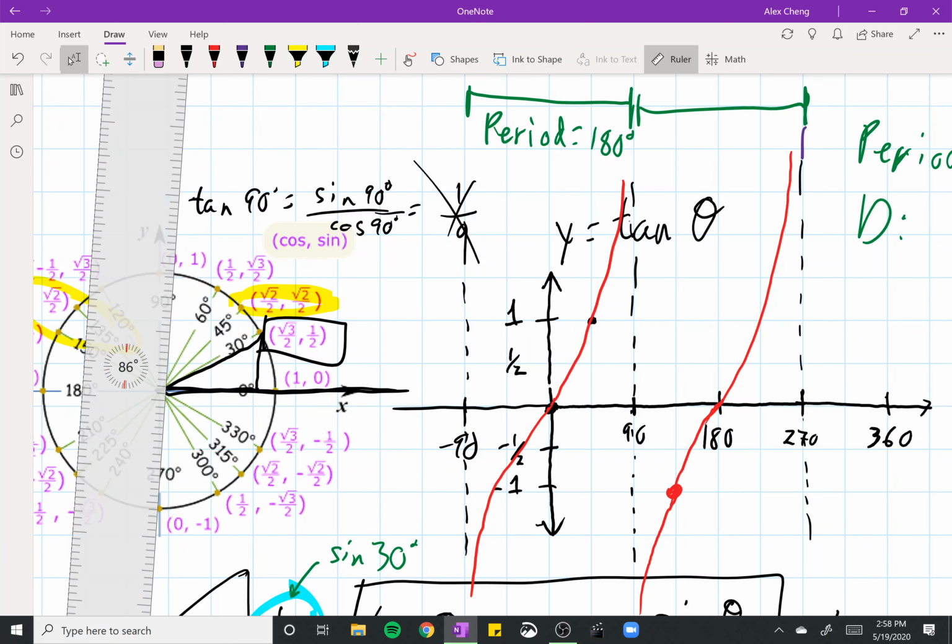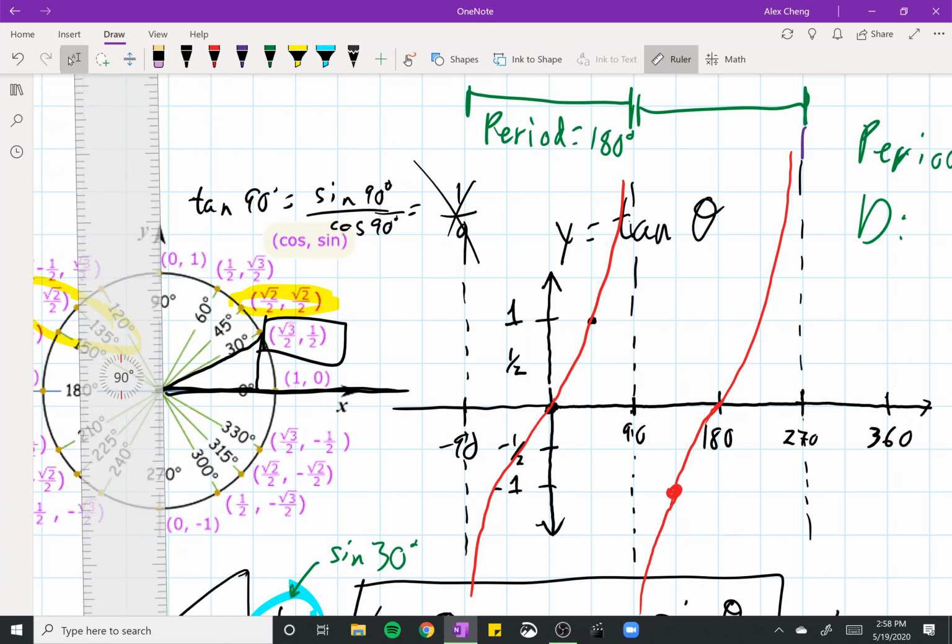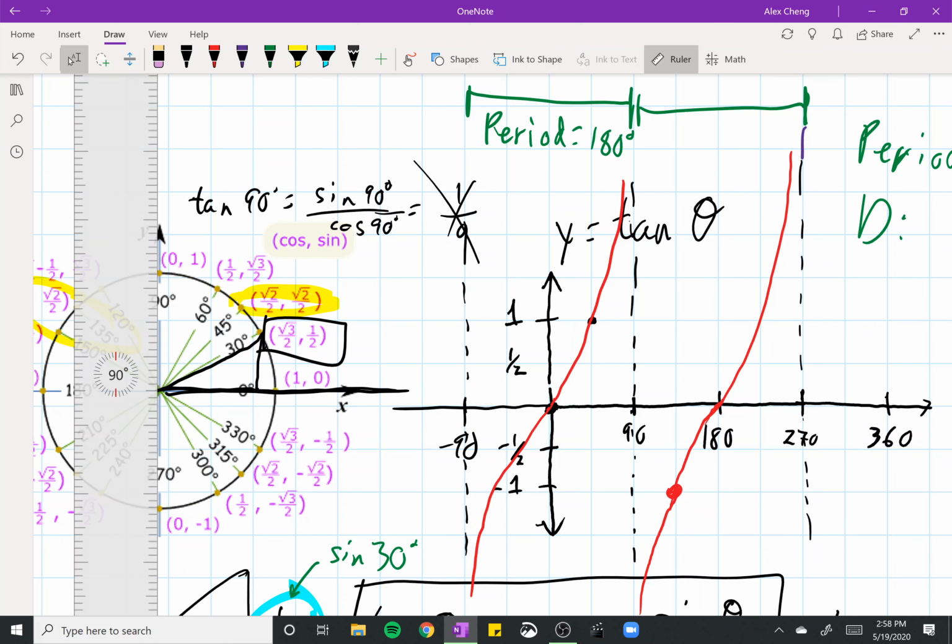So that happens at 90 degrees and at 270 degrees, and also any other angle that comes up like that. So not only is it 90 degrees, but so did negative 90 and 270. And so if we just keep bouncing back and forth between these, we're always adding 180 degrees. There's 180 degrees between 90 and 270.